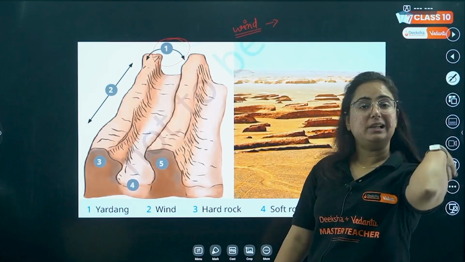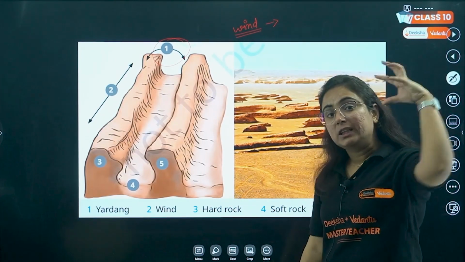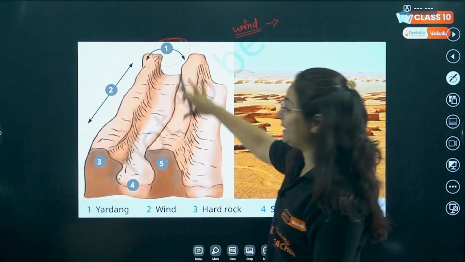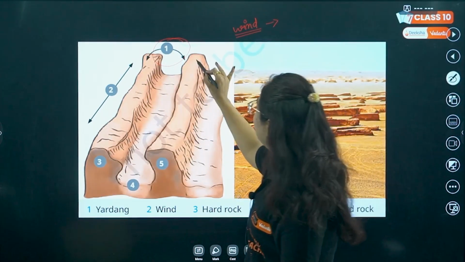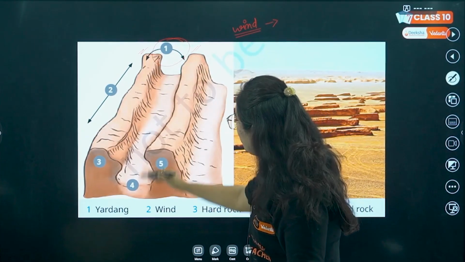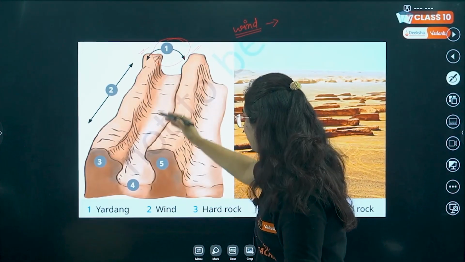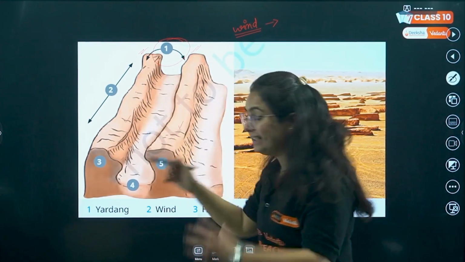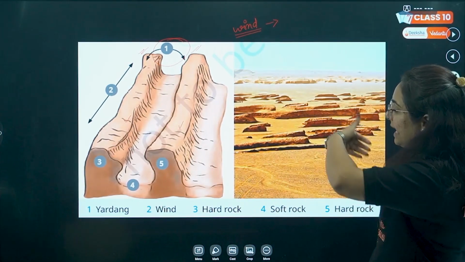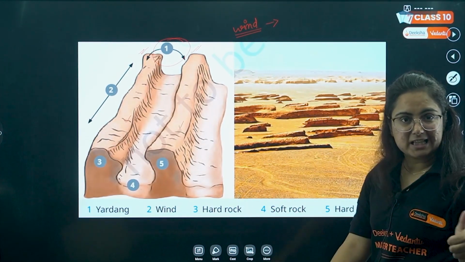High water availability is not there, and hence the wind affects the landforms. If this valley type of feature is created in the windy region, then this is known as what? This is known as yardang. Okay, wind is flowing continuously throughout this pass. This rock is standing upright over there because this was the hard rock. Soft rocks get eroded. Okay, getting my point?